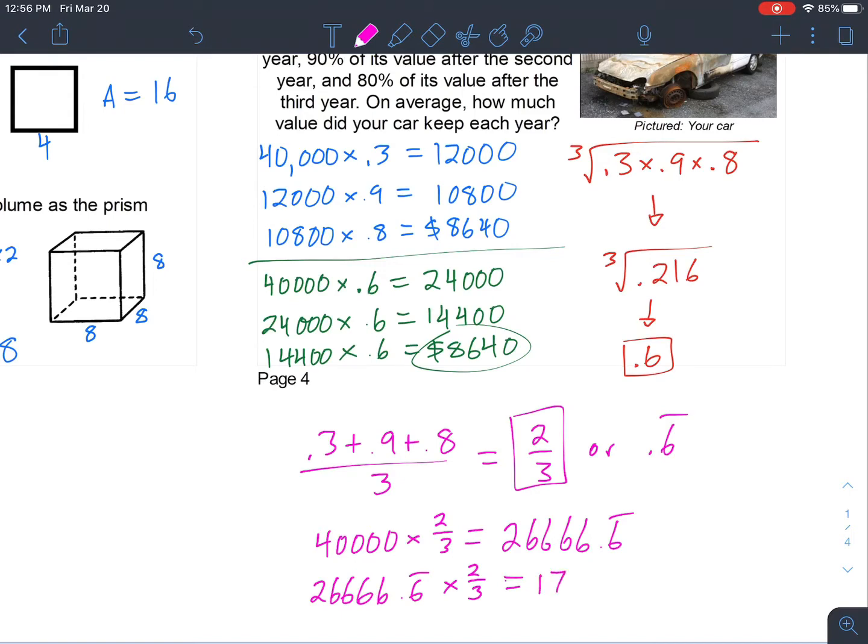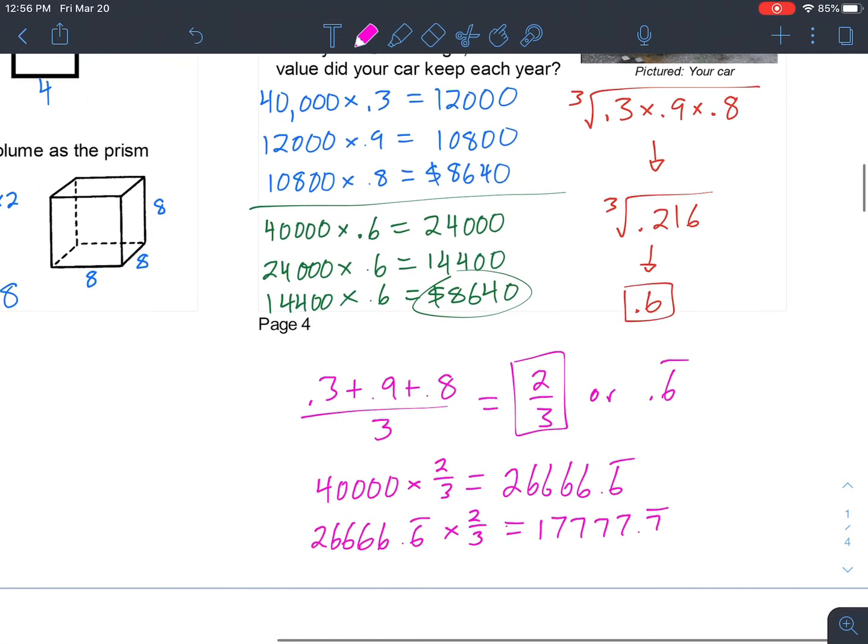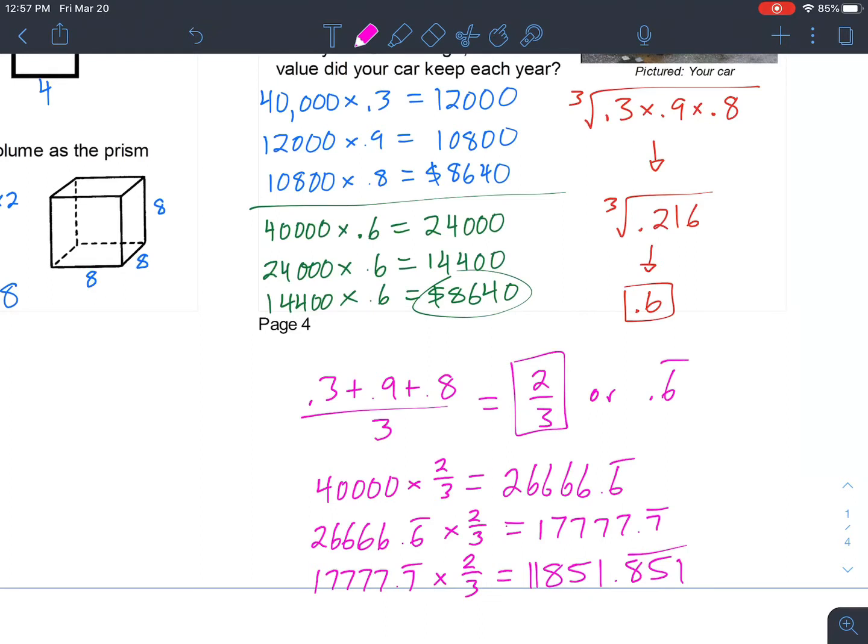This time we get 17,777 and 0.7 repeating. And if we do it one last time, what we get then is $11,851 and about 85 cents. And if you wanted to know, that's the decimal that's repeating.